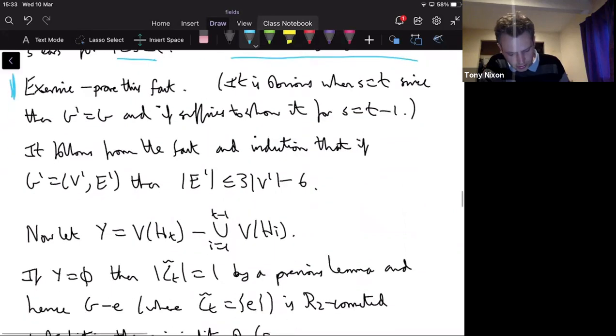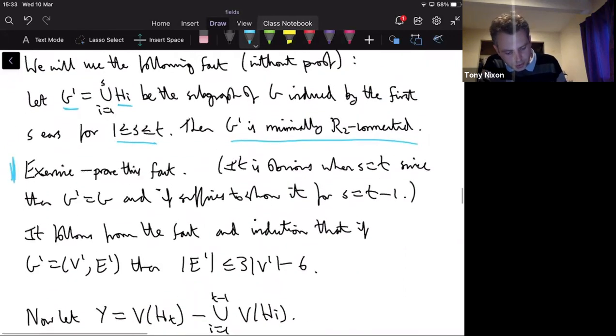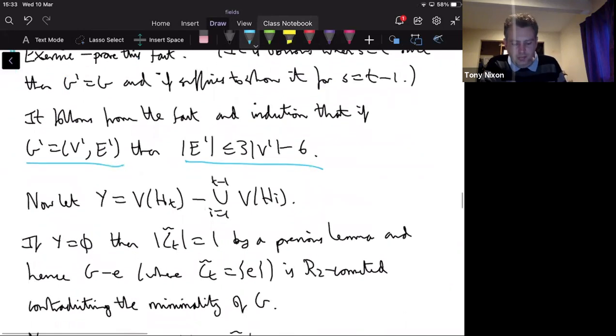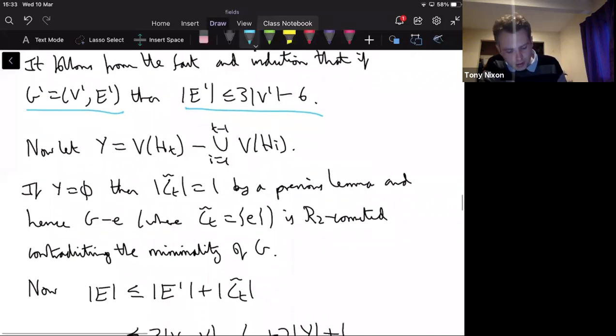I'll let you confirm that for yourself if you want. But the upshot of the fact is that if G dash, the union of the first S ears, has V dash vertices and E dash edges, then by induction I have the bound we want for that particular subgraph. So what we need to do is look at the last one, basically.